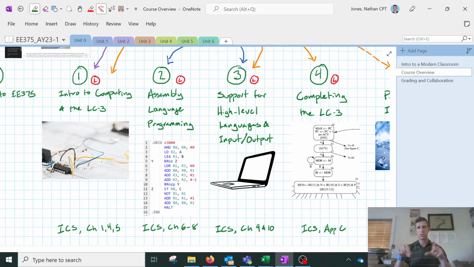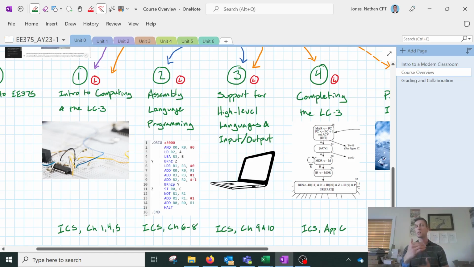So you'll draw some circuits in your computer that implement the LC3. In Unit 2, we've got a lab, and the purpose of that is to get some familiarity with assembly language programming. This is a short snapshot of an assembly language program. You'll write a slightly longer one in this lab to demonstrate your understanding of assembly language.